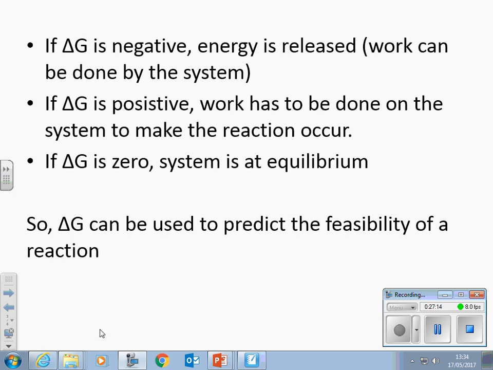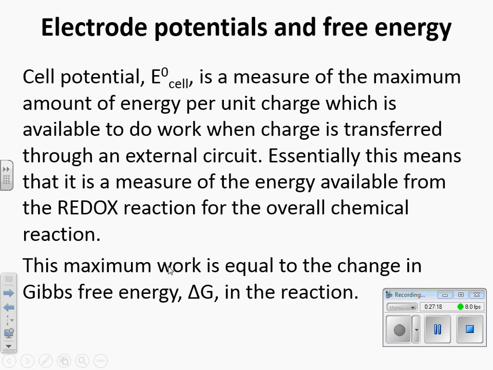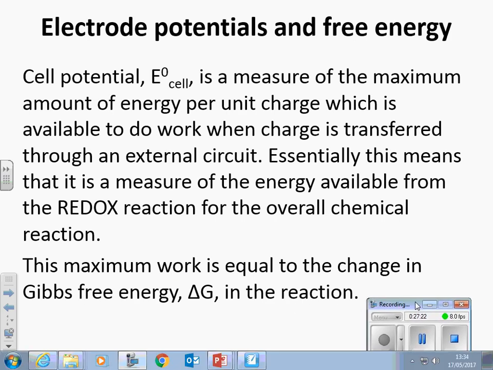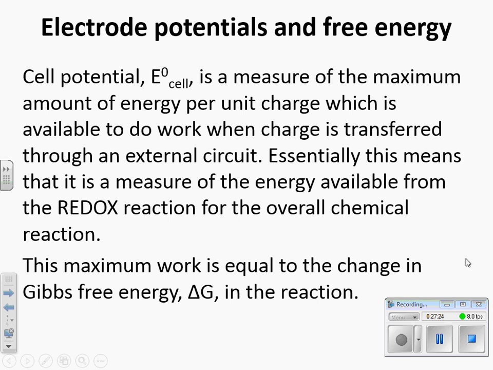So how can we do this then with electrode potentials? This is the next bit, because this is where we can actually use values out of the data book. You can't use the readings from your practical, but you can definitely use values out of the data book.